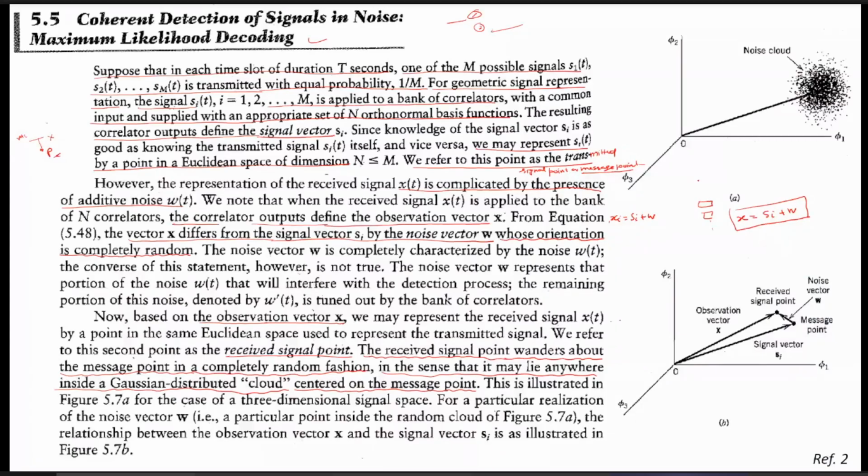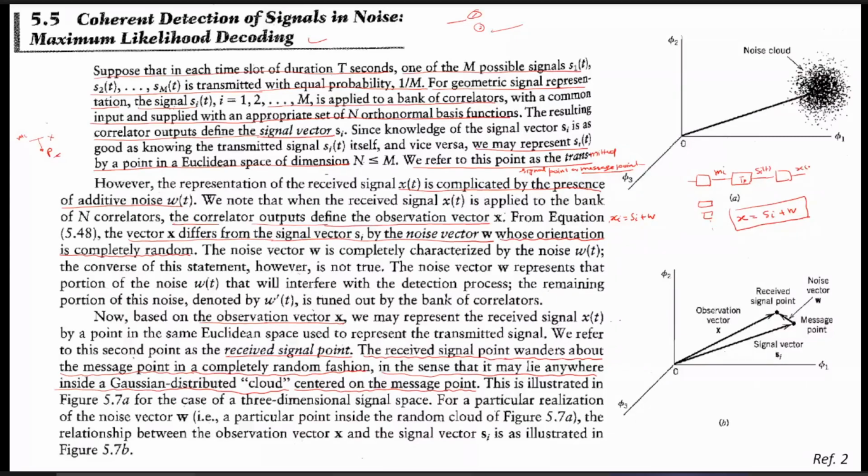Based on this x only, because you can see this one is the message source which generates m_i in the block diagram, and this one is the transmitter which actually codes this m_i to s_i. Once it passes through the channel, it generates x(t).